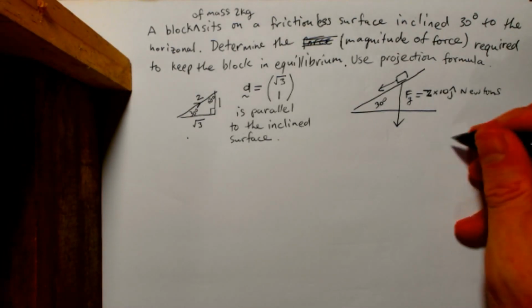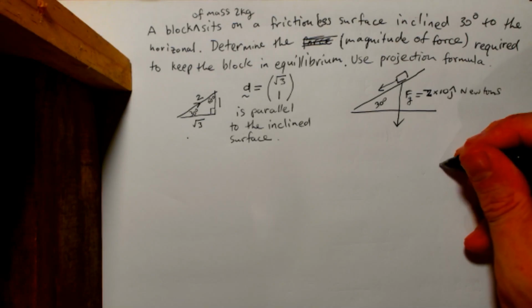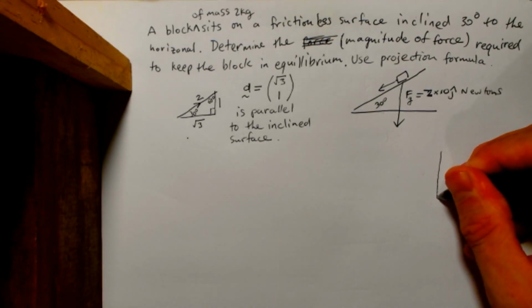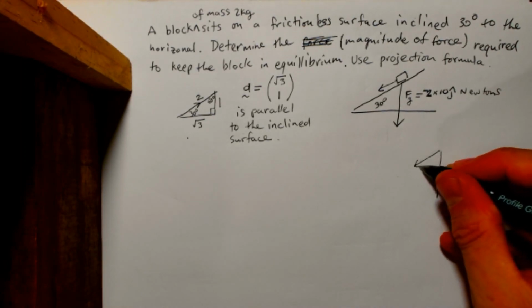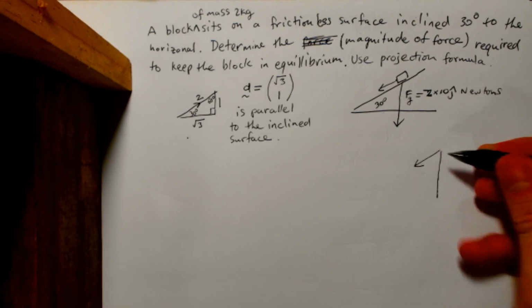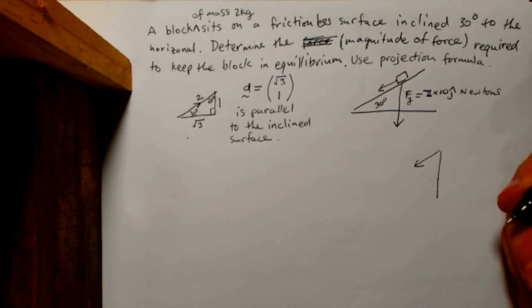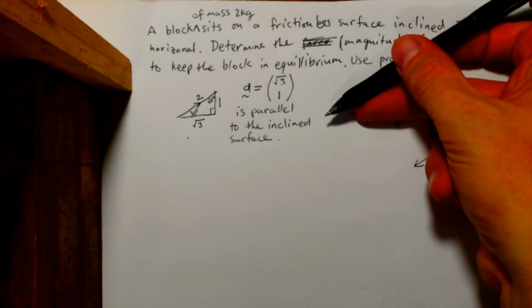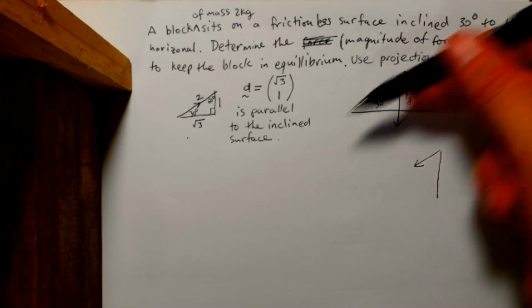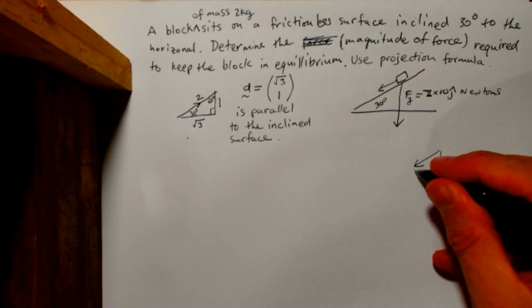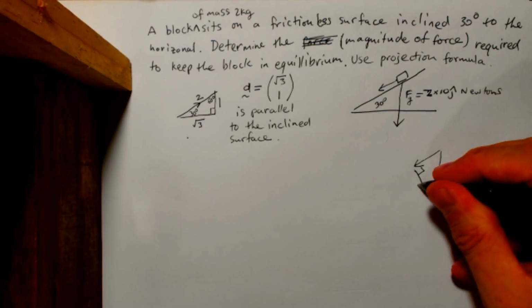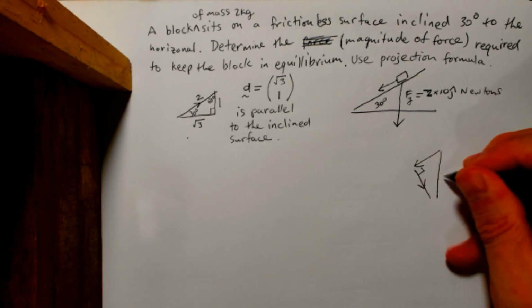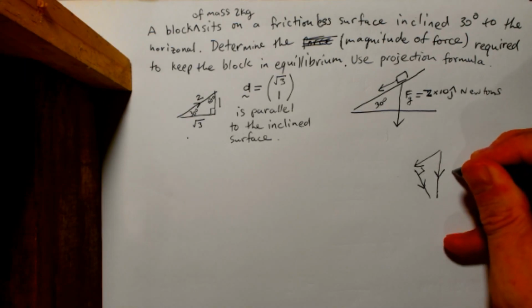Alright, so let's redraw the vectors involved. So this force right here is the force that the block is acting with in the direction parallel to the incline there. Okay, now perpendicular to that, I have another vector here that adds up to this one.